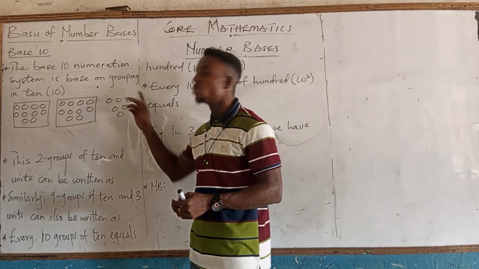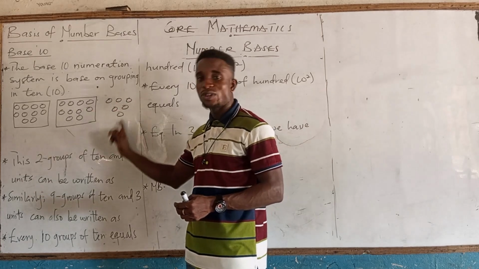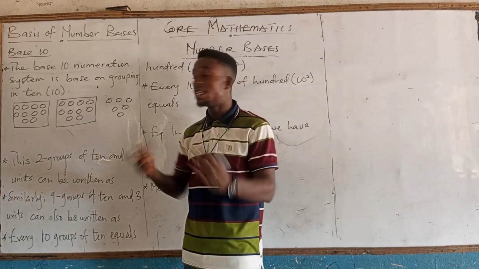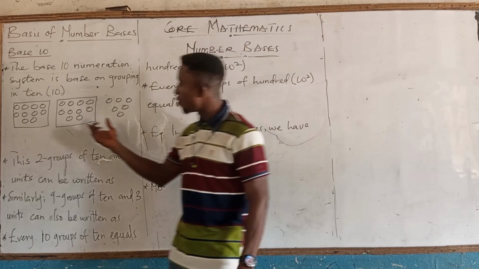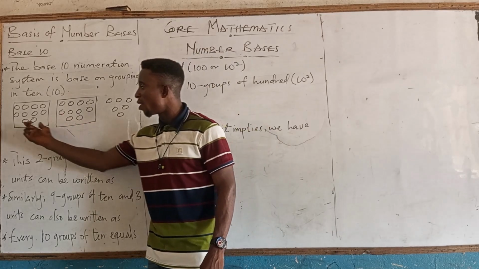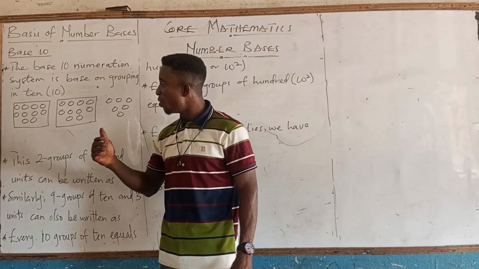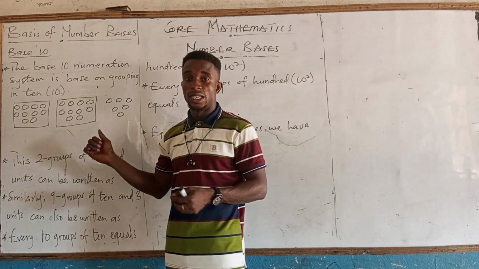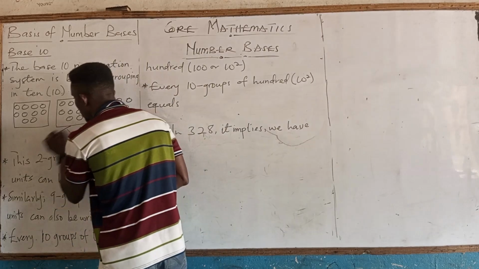So this one is only up to 6. So we say 6 units of, it can be anything, balls or anything. So we just say 6 units. But I have the first group of 10 and another group of 10. So here we can say that we have 2 groups of 10 and 6 units. So we say this one is what?